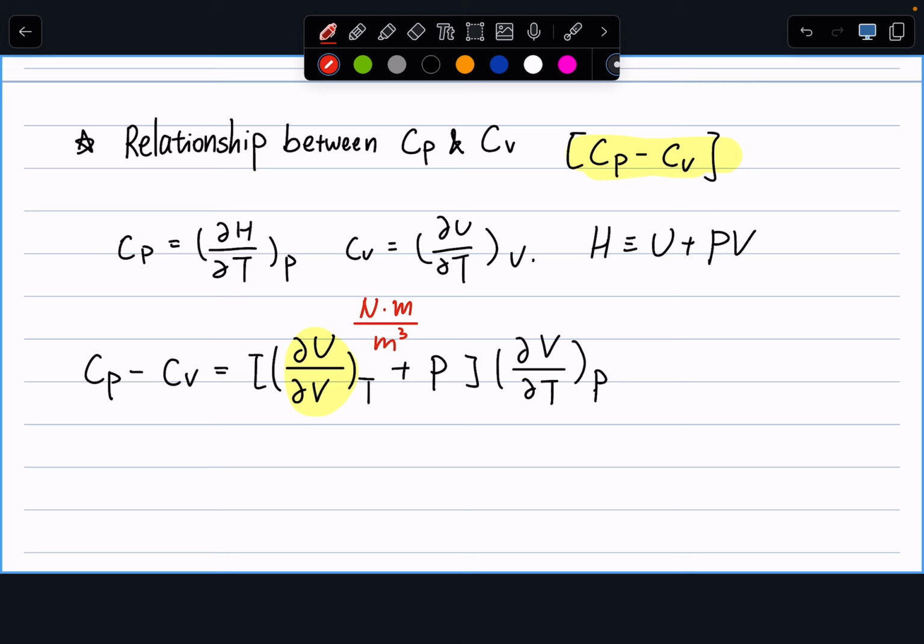So this one has the same dimensionality as pressure. So it's a very nice sanity check to make sure that we are adding or subtracting two terms that have the same dimensionality. And this term here, later we will refer to as internal pressure.